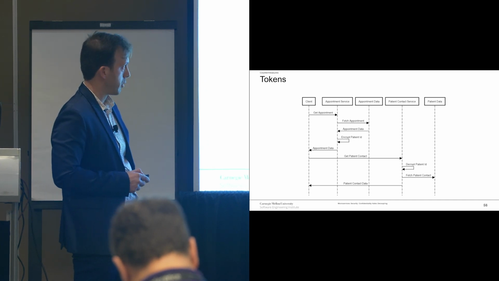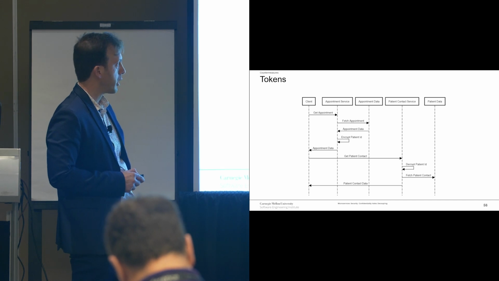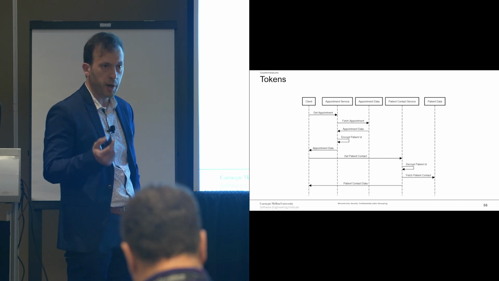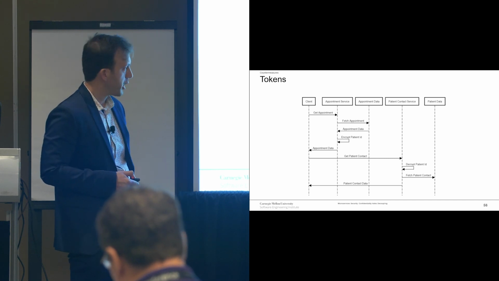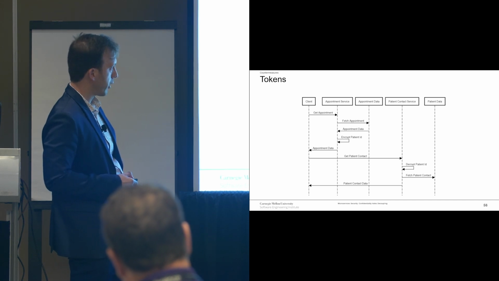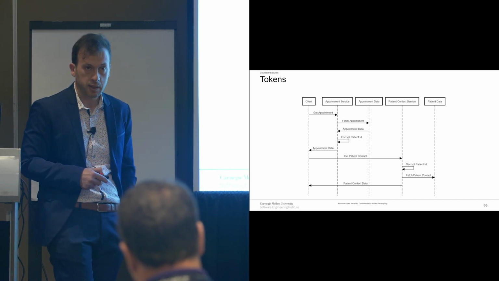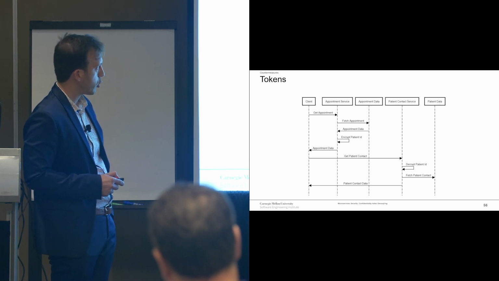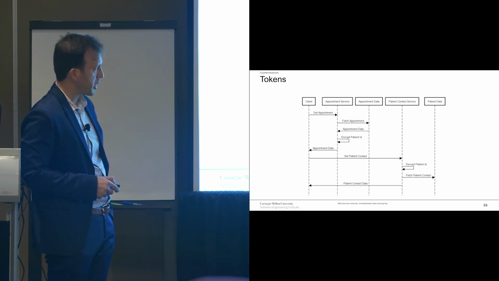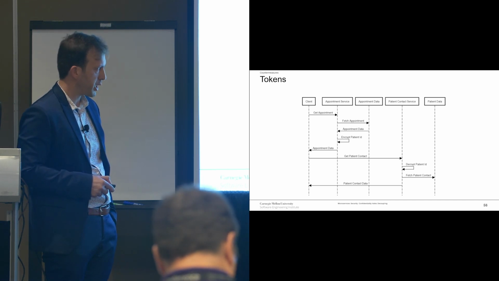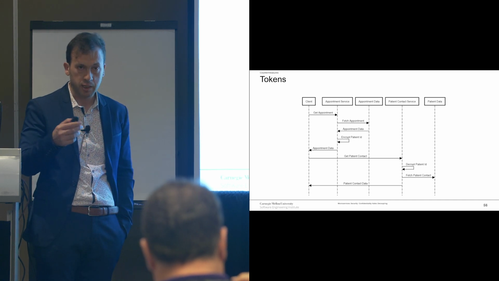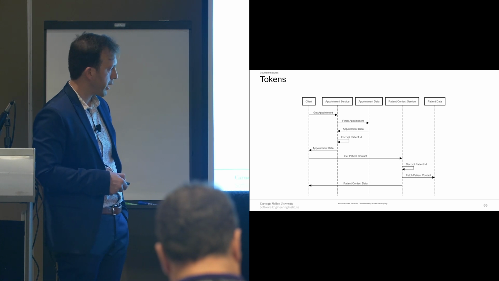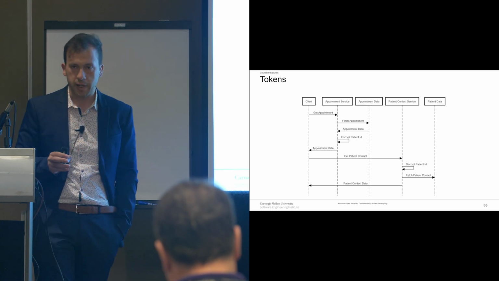But before returning the data to the client, it will encrypt the patient ID along with the expiry timestamp. So the client now has a token that represents the patient. Then it can send this token to the patient contact service. The patient contact service can decrypt the patient ID and validate that the expiry timestamp is still valid, and then it will return the patient contact data.